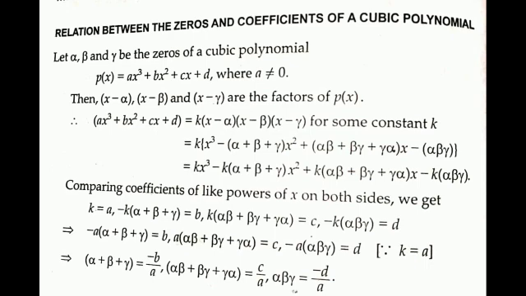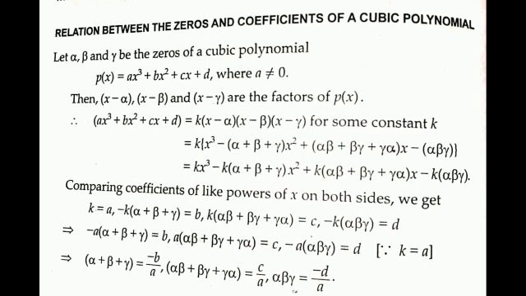Comparing the second term, we have −k(alpha + beta + gamma) = b. Comparing the third term, k(alpha beta + beta gamma + gamma alpha) = c. And the fourth term, −k(alpha beta gamma) = d.